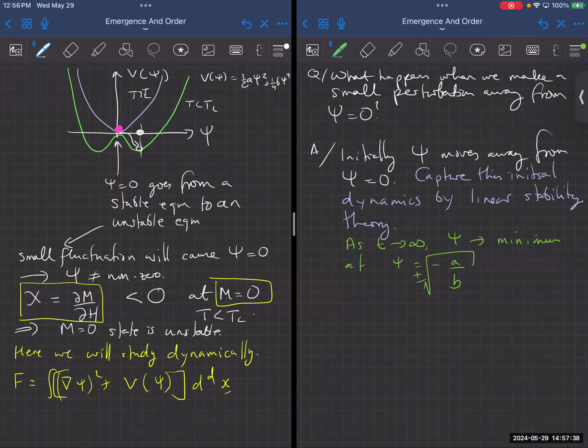And so what's going to happen is that psi later is restabilized around this new minimum.